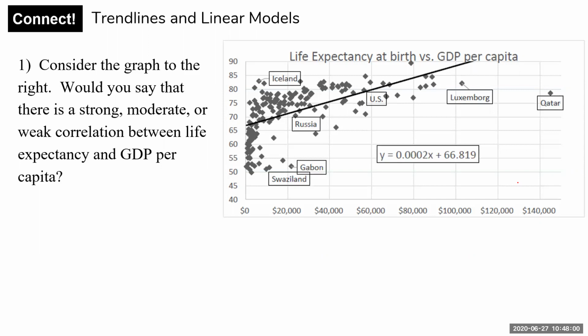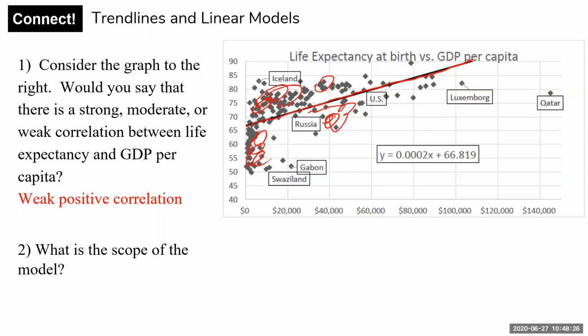When you look at it, this trend line only goes through very few points. Though it is trending positive, there are a lot of points outside of the trend line. So we say this is a weak positive correlation, because there are many points outside of the trend line.